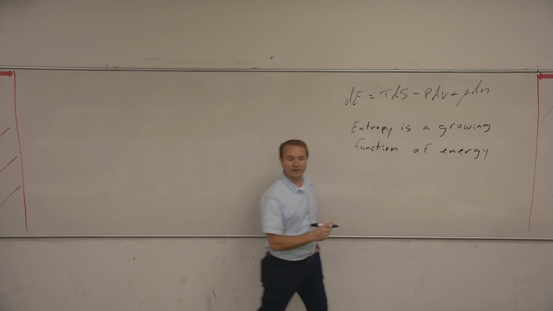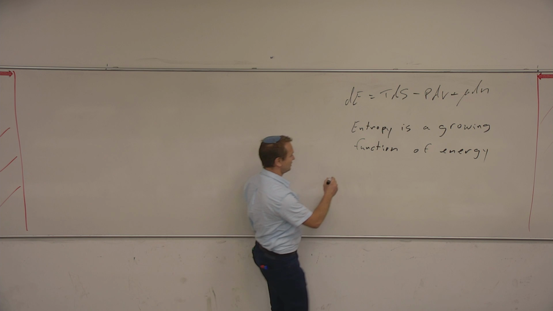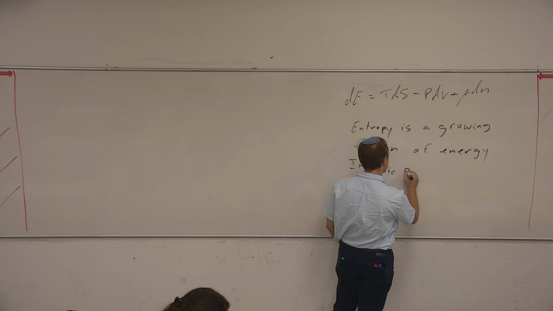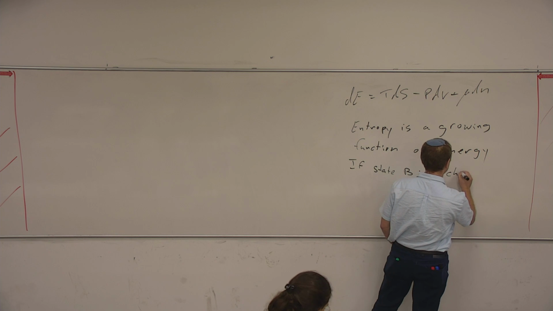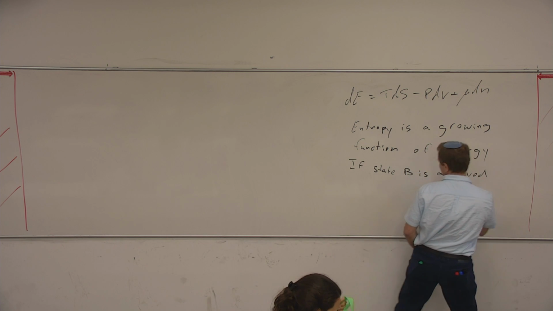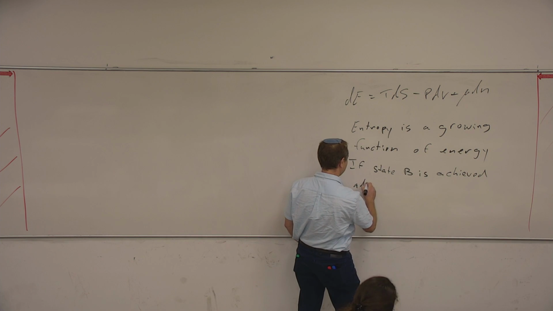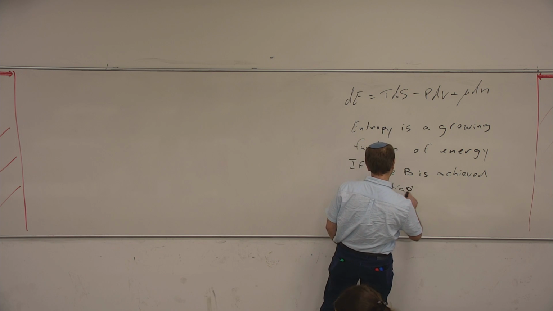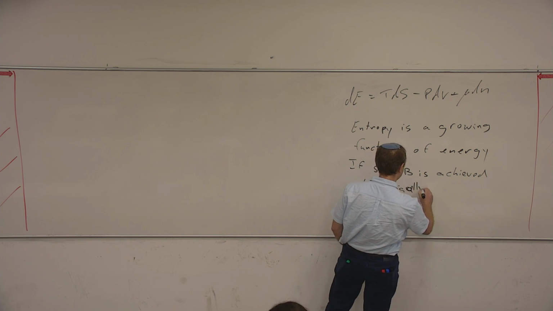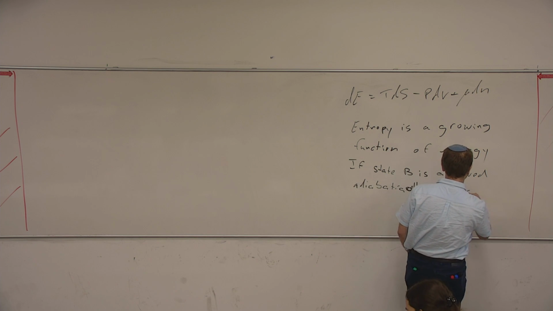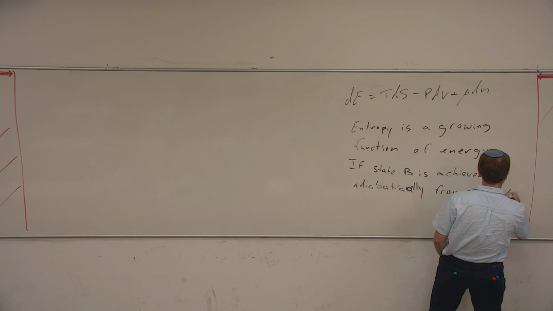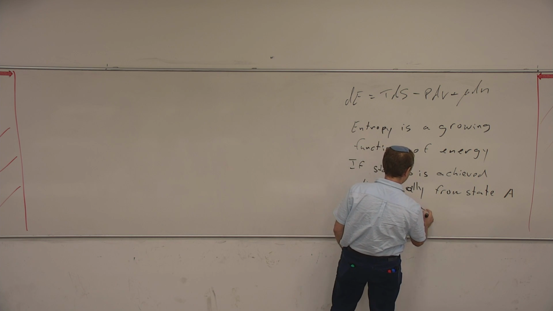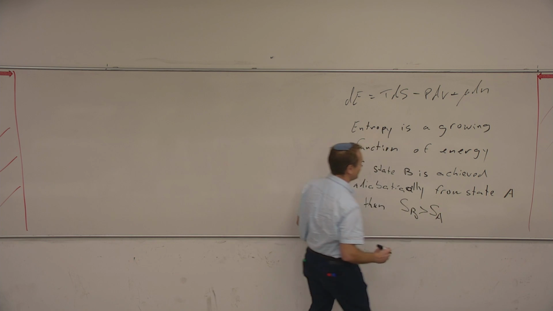What else do we know? We know that if state B is achieved adiabatically from state A, then S_B is larger than S_A.